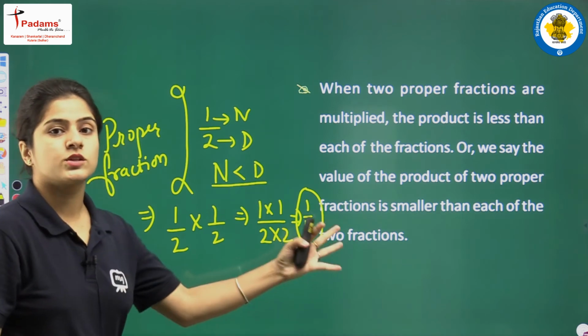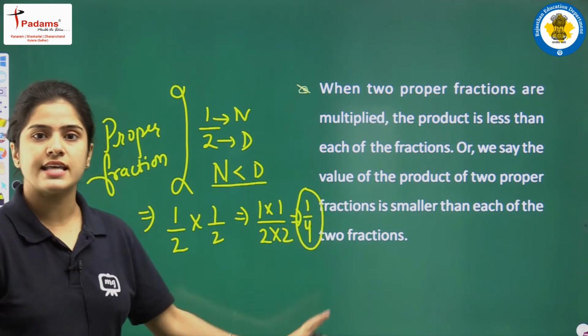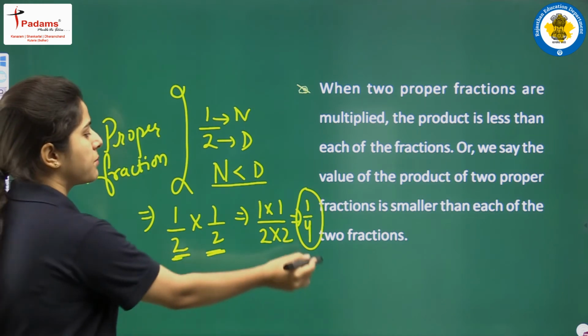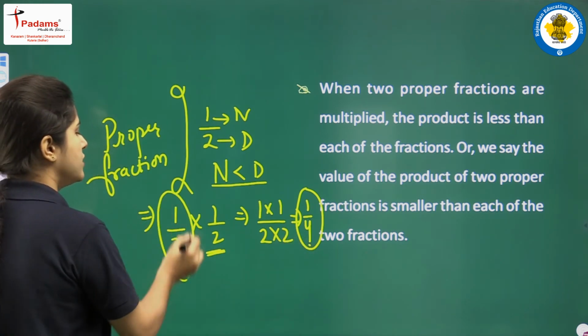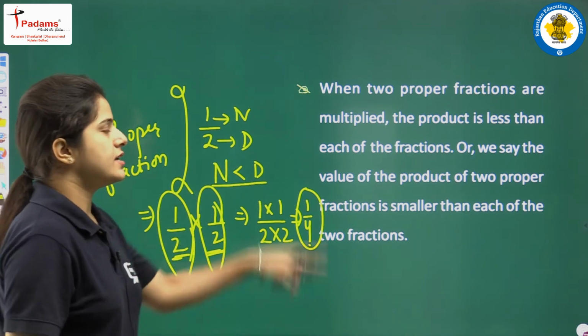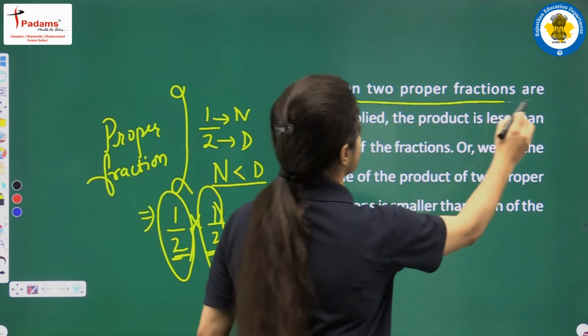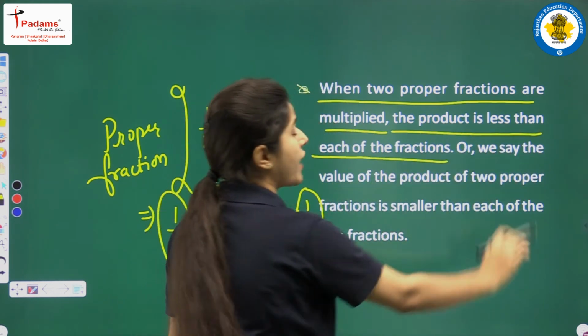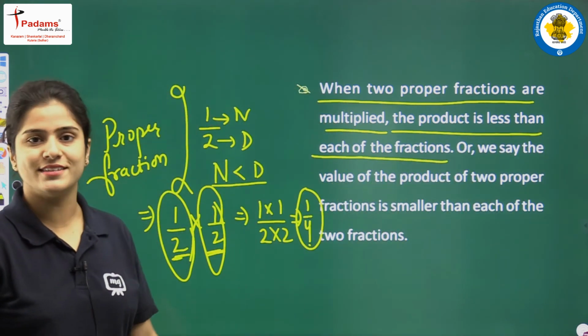So the product is always less than each of the fractions. So when two proper fractions are multiplied, the product is less than each of the fractions. This is what we have done here.